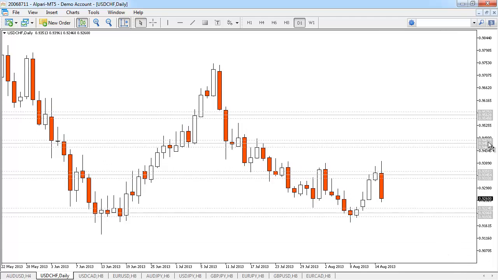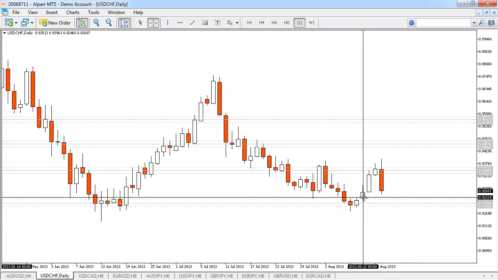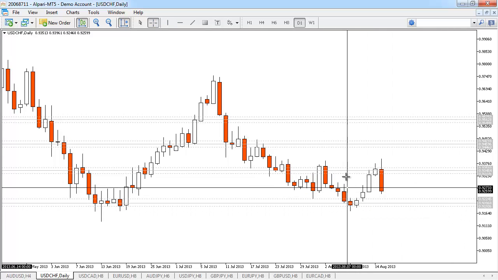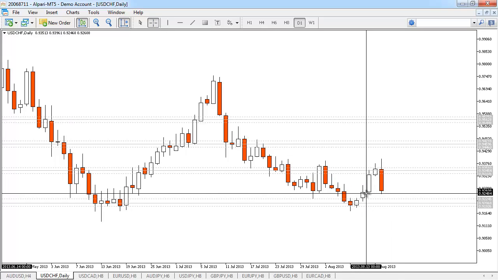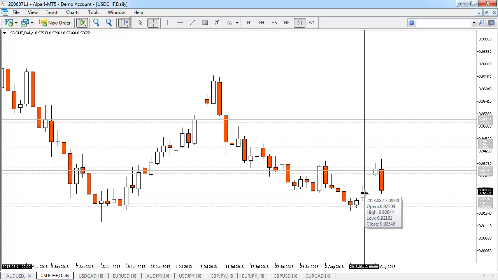And if a rounded number is broken, so if the buyers, in this case, because I want to buy here, it's a bullish reversal trade that I'm looking to take. If the buyers are able to break through the psychological level, even though psychological levels are minor support resistance, if the buyers are able to break through that level, that indicates to me that they have taken control of the market because they've been able to push up and then they've been able to break through that level.